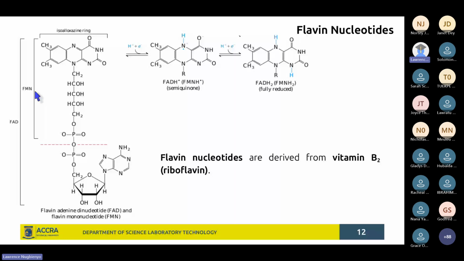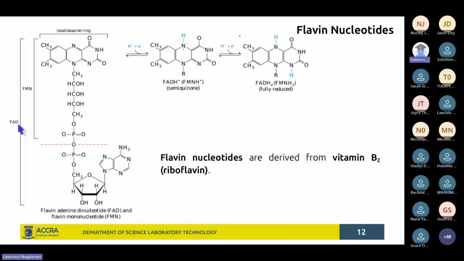But if you have two nucleotides that are bonded together, just like what we saw with the nicotinamide nucleotides, then you have a flavin adenine dinucleotide, which you see most often written with this abbreviation, FAD.